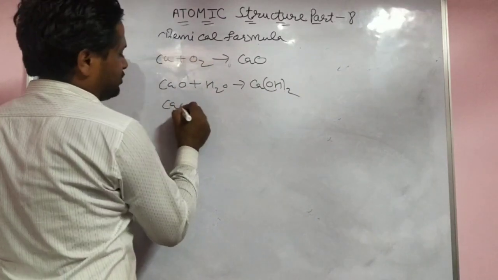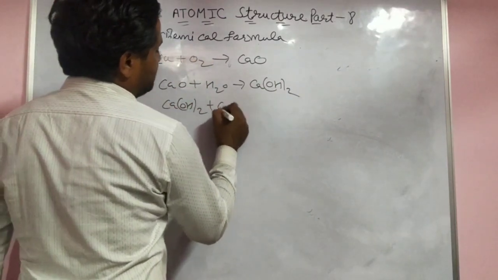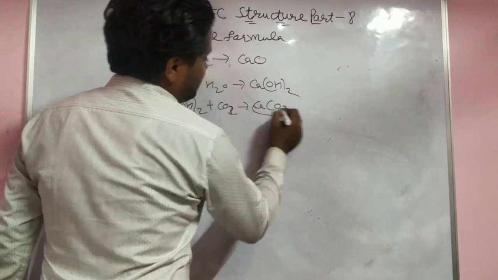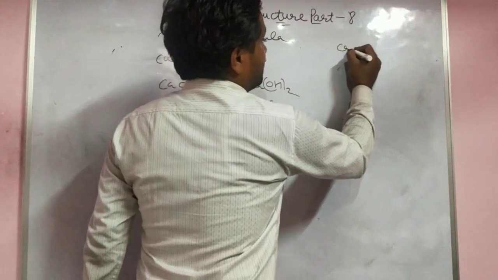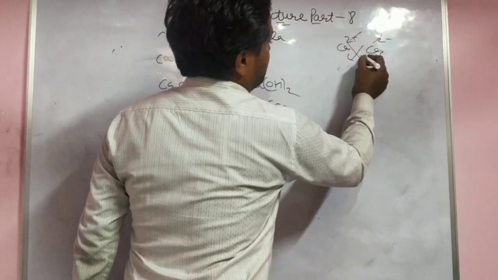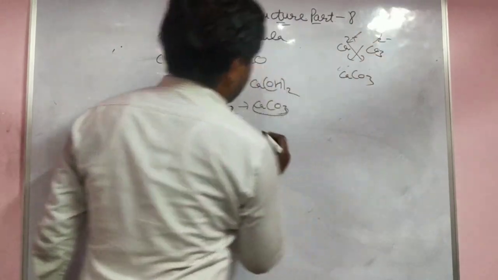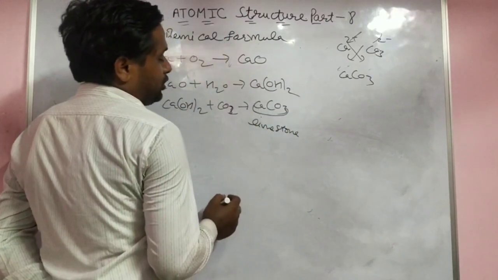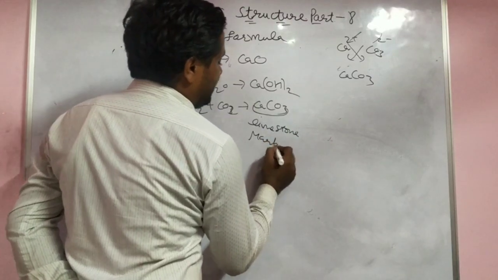When calcium hydroxide reacts with carbon dioxide, it forms calcium carbonate. Calcium 2 positive, carbonate 2 negative, cut: CaCO3. Its common name is limestone, marble, white in color, a white precipitate.